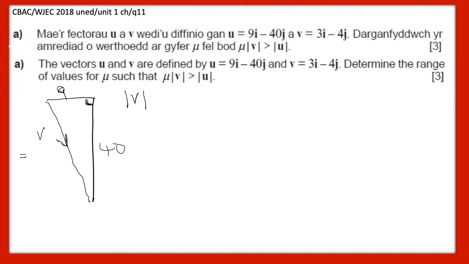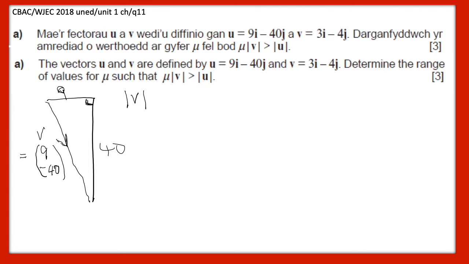I can use Pythagoras to do this, but one bit of notation: I tend personally not to write i's and j's, so my vector v I'd write as a column vector, as opposed to a position point in 2 dimensions. It goes 9 across and 40 down.